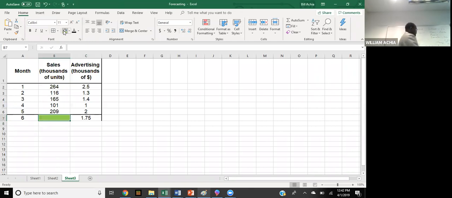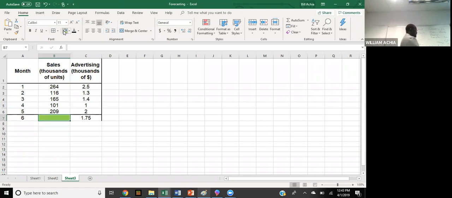Now, if we're doing linear regression in Excel, y equals a plus bx, we need to know a couple of things. Right now, we're trying to figure out what our y is going to be. Do we know what our a is? No. So at the moment, we don't know what our y-intercept is going to be. Do we know what our b is here?